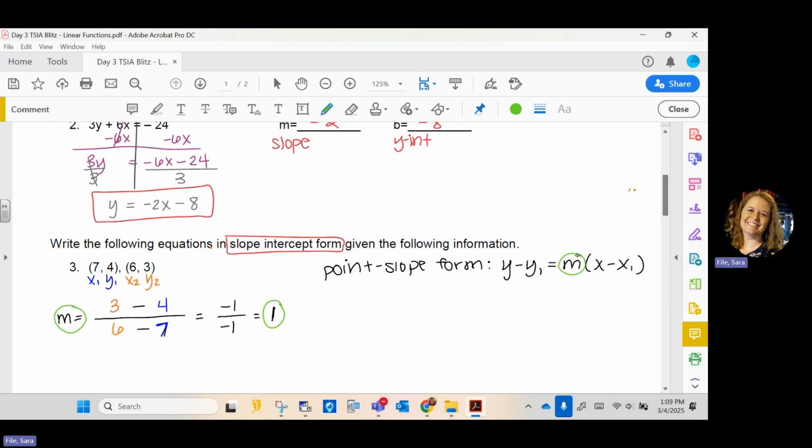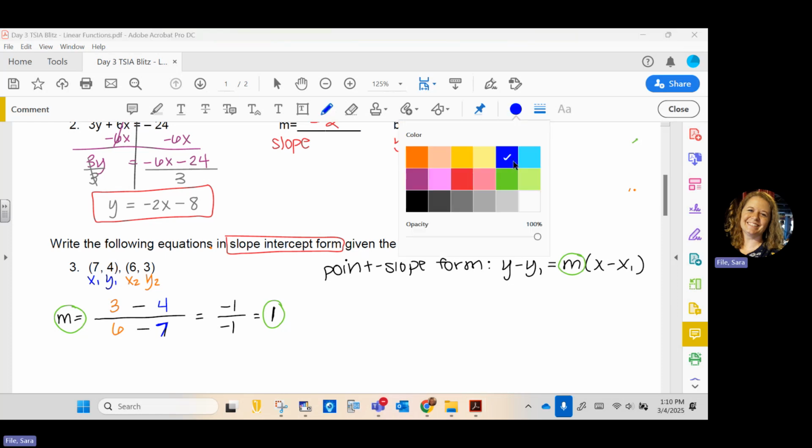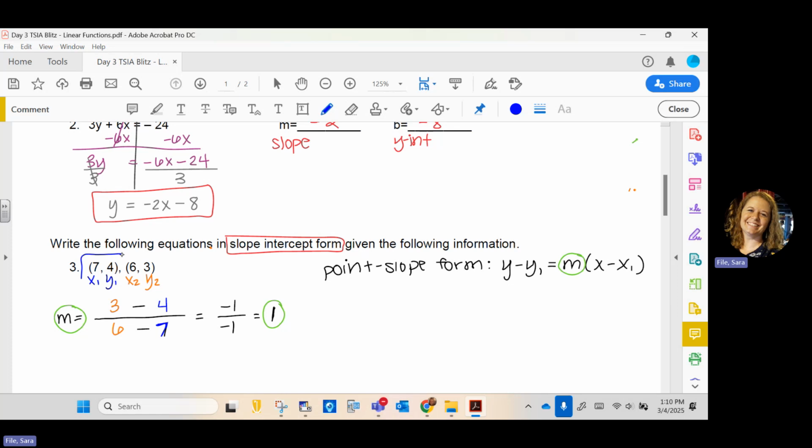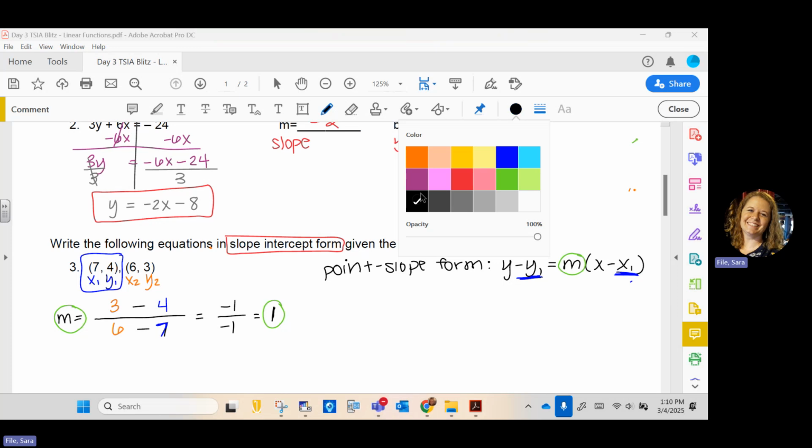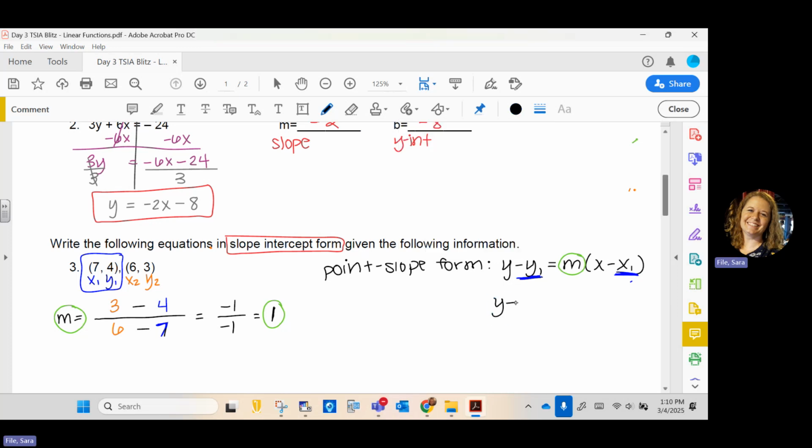And then the x1 and y1, okay, we labeled over here, x1 and y1. Those are going to get plugged in over here for these two. Okay, so I'm going to make those substitutions now. So y minus, and then y1 is 4, m is 1, x minus, and x1 is 7.